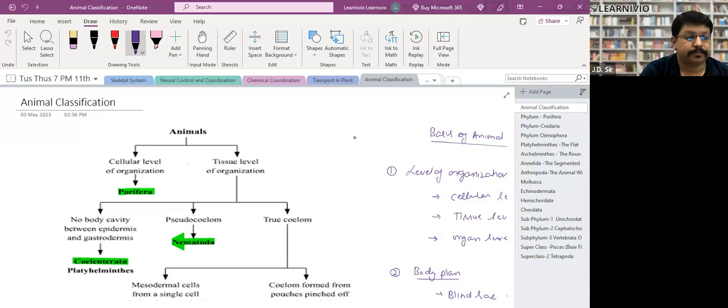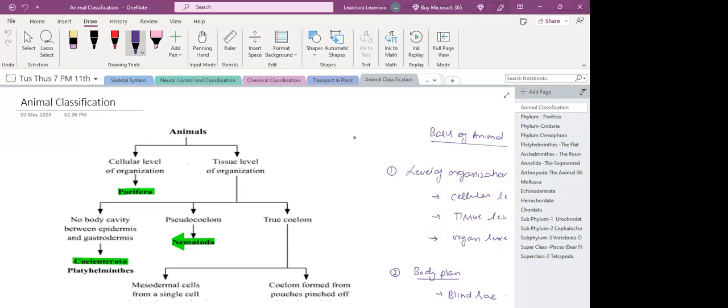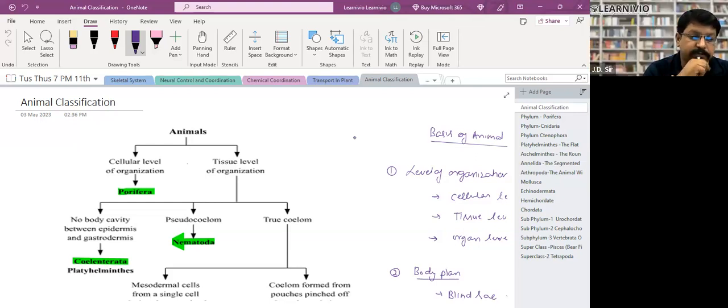Tissues are a group of cells that perform a specific function. Full stop.